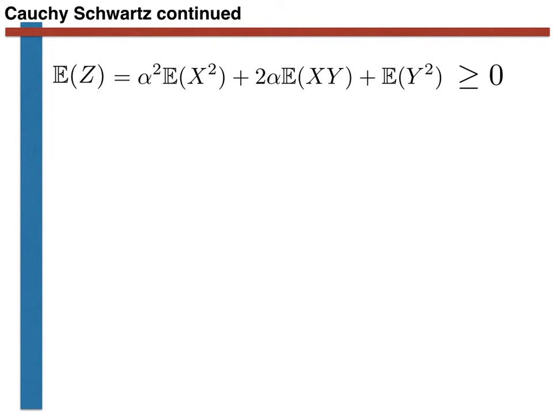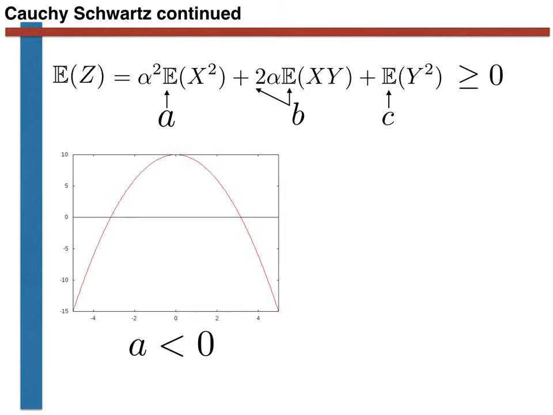Right, so to summarize the argument thus far, we have arrived at a quadratic equation in alpha and shown that this must be greater than 0 for all values of alpha. In other words, if we plot the expectation of Z against alpha, the graph must not look like this.